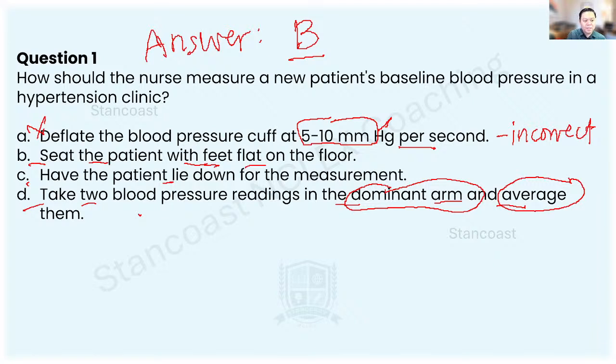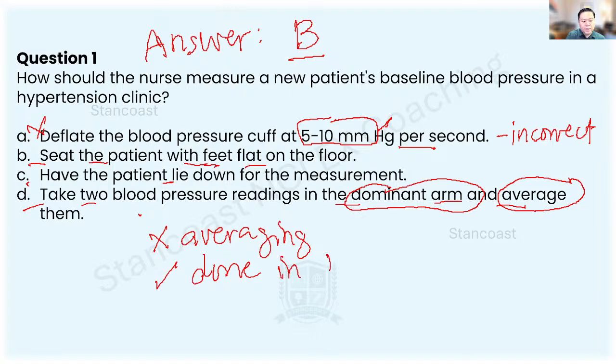Okay? This is a fundamentals of nursing question, guys, and you probably will be killed by this test question. And so, checking the blood pressure, no averaging, should be done in both arms.